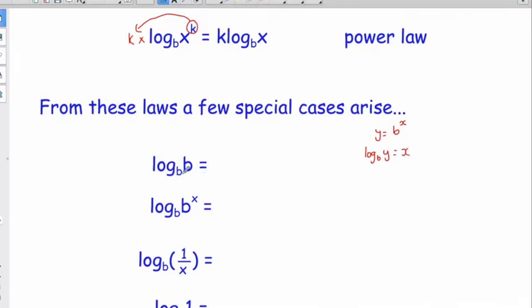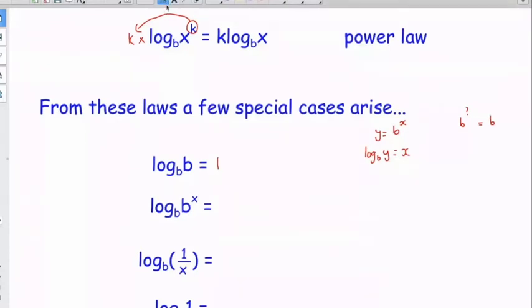And that is that if you have a base matching the term that you are logging, then what that's equivalent to is saying that b to the power of what is equal to b. And it's 1. B to the power of 1 is equal to b. So when the base matches the value that you are logging, the answer is always 1.